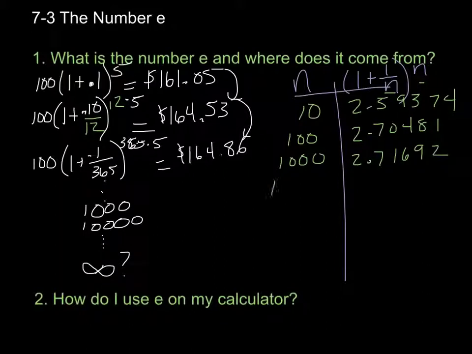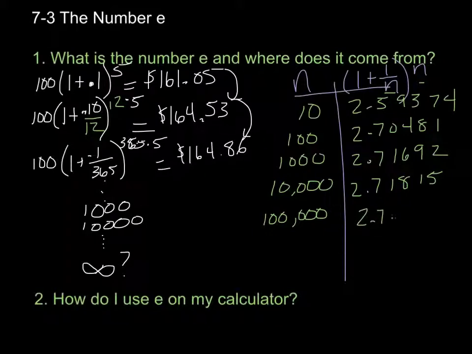And let me do 10,000. So if I do 10,000, I'll get 2.71815. And let's do 100,000. If I do 100,000, I'll get 2.71827. And I'll do it one more time. I'll do 1 million.